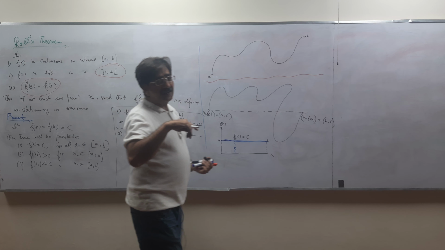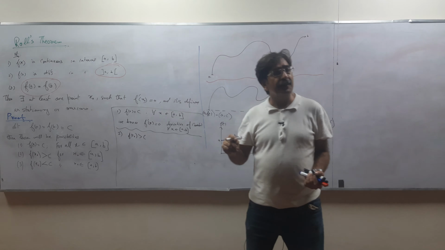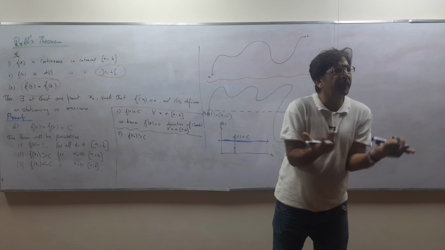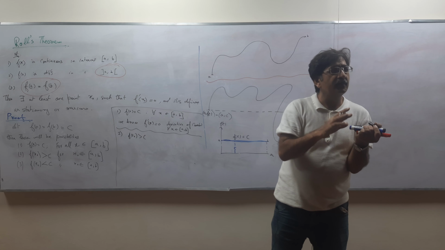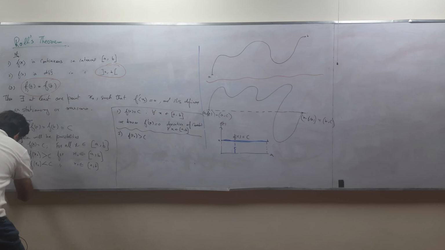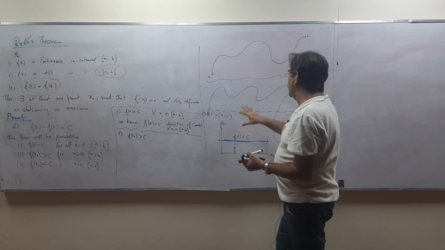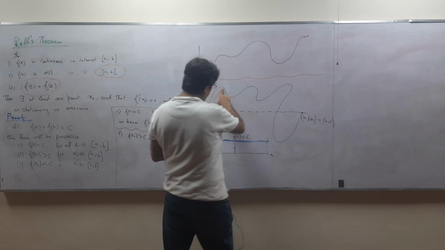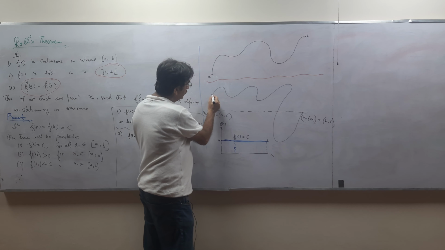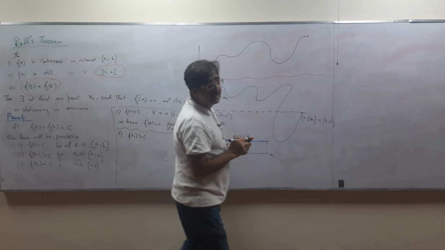If it is not constant, then there may exist some point x naught where the derivative is greater than 0. One possibility is less than 0. Or it can be greater, or both, or there is a fourth possibility. There may be some points that are greater than and some that are less than. For example, in this case, f is greater than c, that is, a value greater than the initial value.